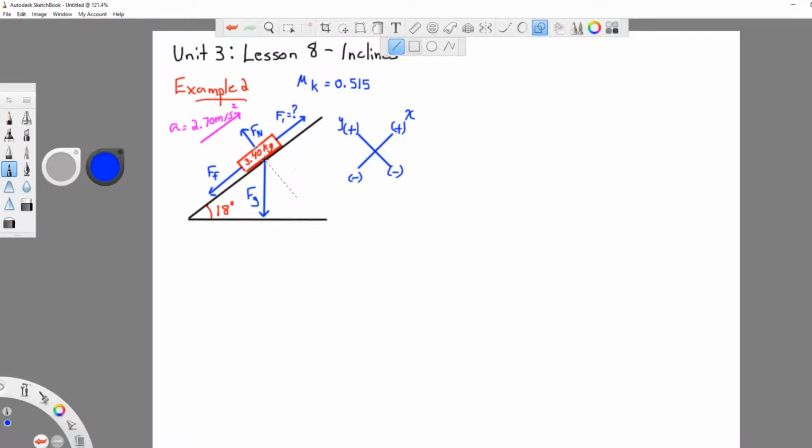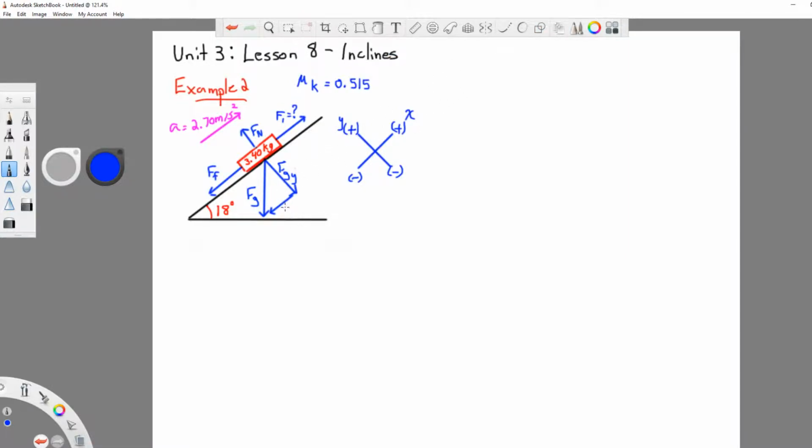So we can draw one underground here perpendicular to the slope, and we can call this line force of gravity in the y direction, because this perpendicular to the slope direction is our y value. And we can also draw one of these lines parallel to the slope down here.